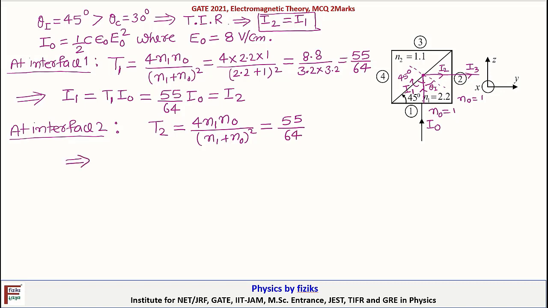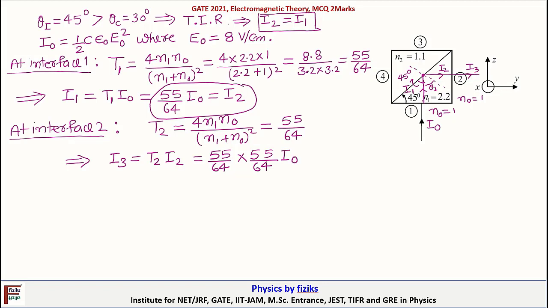Now we can write transmitted intensity I3 is given by T2 times I2, and this T2 is 55 by 64. I2 we have calculated, that is again 55 by 64 into I0.